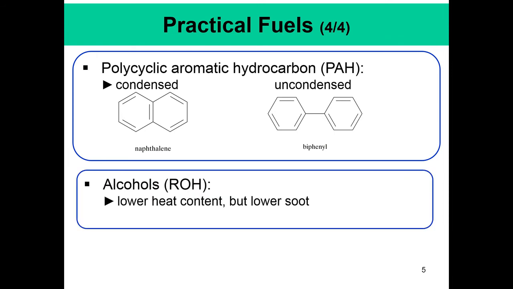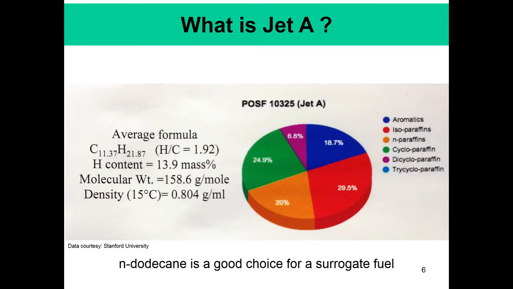There is a lot of interest in making methanol, butanol, and ethanol work in car engines, and they can also emerge as useful fuels for future aircraft. Because of their large water content they have lower heat content, but they also produce lower soot, so they are less polluting.